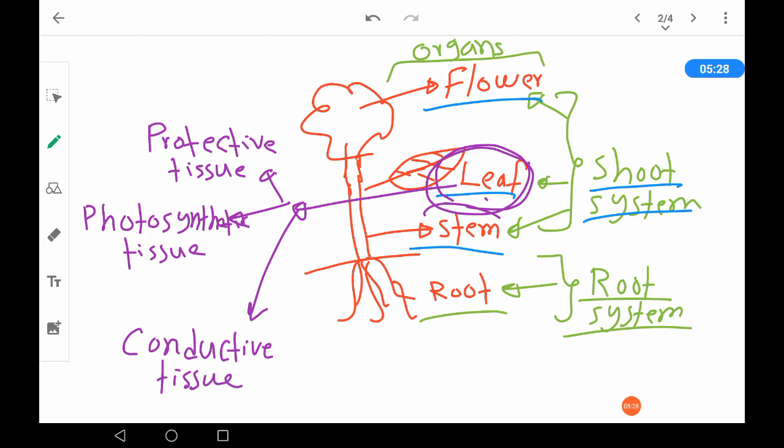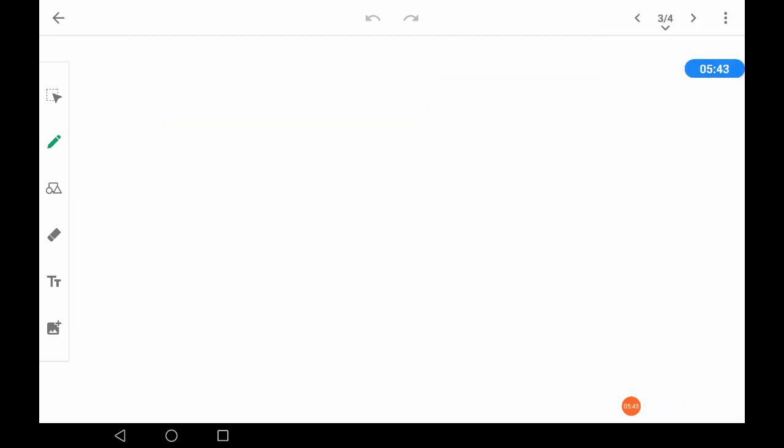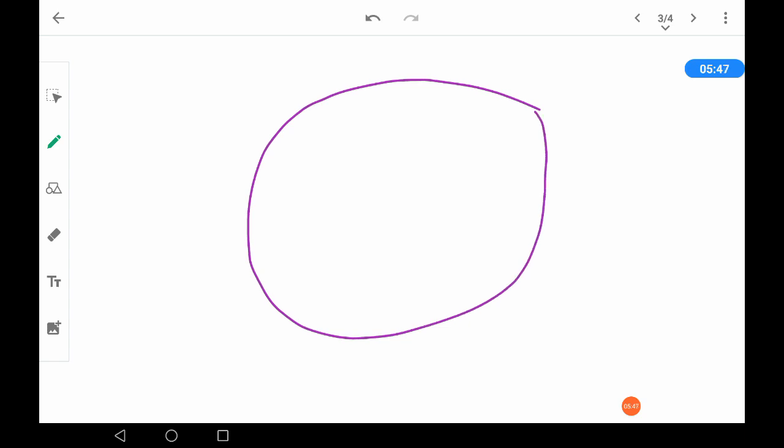Each tissue is made up of different cells. So basically we have a plant cell. Let us talk about the photosynthetic tissue. Photosynthetic tissue is made up of plant cells. This is a plant cell, and in the plant cell, this is the cell membrane.